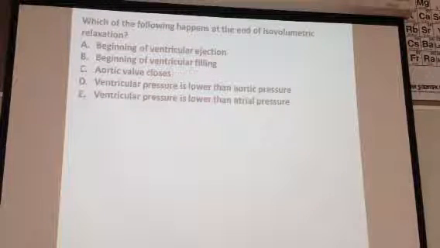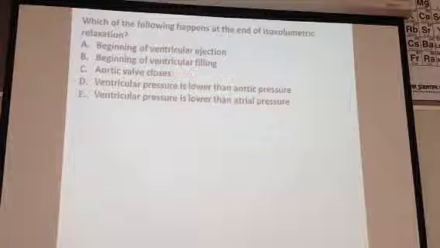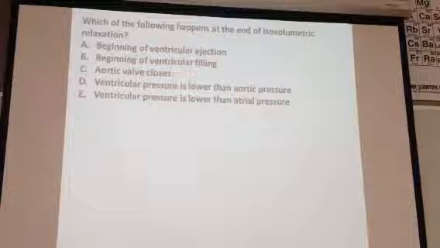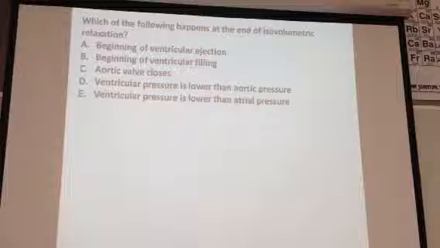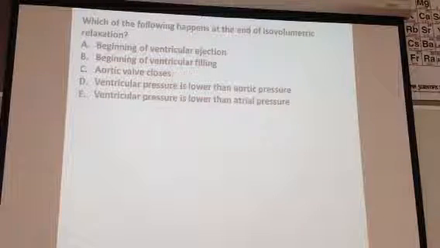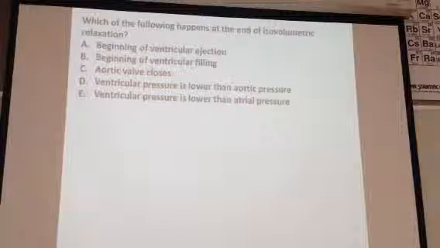All right, which of the following happens at the end of isovolumetric relaxation? Isovolumetric relaxation is a term we used when we talked about the cardiac cycle. So when the heart's relaxing. Is it C? So again, if this was on the lecture exam, you would have the diagram.